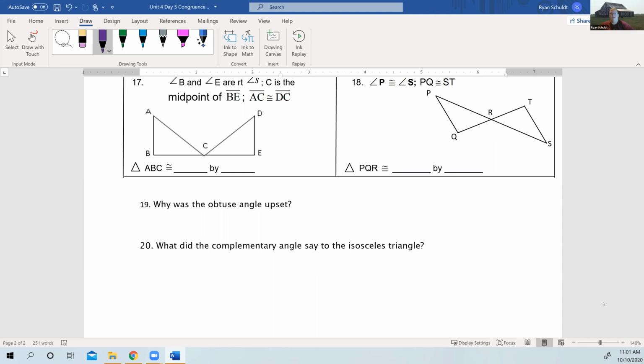Why was the obtuse angle upset? I'll give you a hint. This joke deals with angles. Why was the obtuse angle upset? If you want some time to think about it, maybe you want to hit pause, because I'm going to say the answer in... Why was the obtuse angle upset?